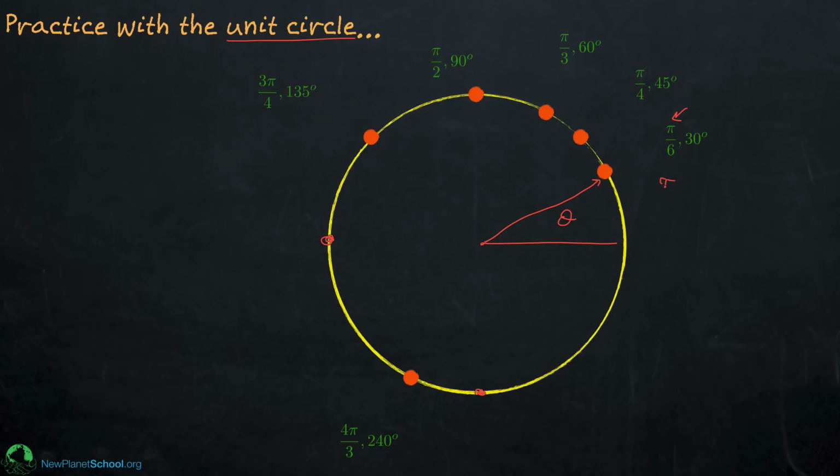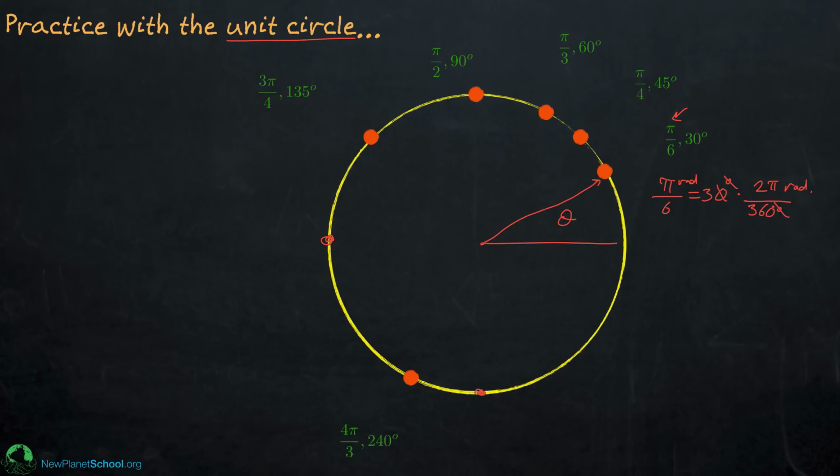So let's try it. Pi over 6, let's just check it, equals 30. This is radians and this is degrees. I need to multiply by 1 such that the units cancel. So I have to have the degrees in the bottom and the 2 pi radians in the top. And what happens? The degrees cancel.